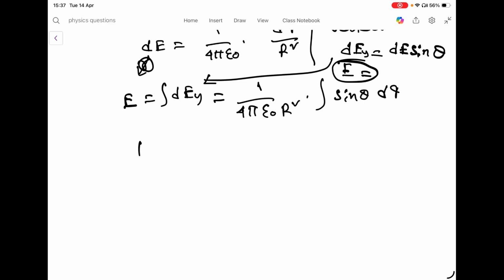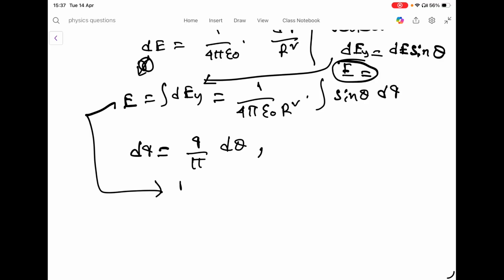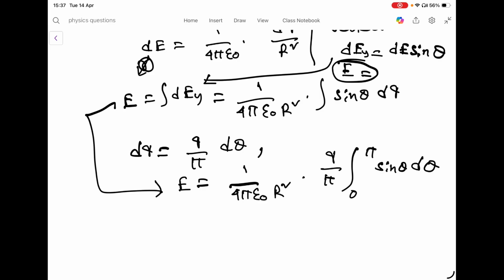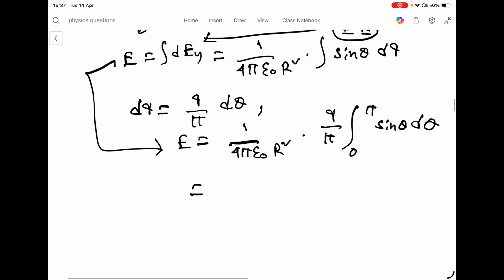So further you will put the value of dq equal to q by pi into d theta. So ultimately what you will get for E equal to 1 by 4 pi epsilon naught into r square into q by pi into integration of 0 to pi sin theta d theta. And you know what is the integration of sin theta d theta.